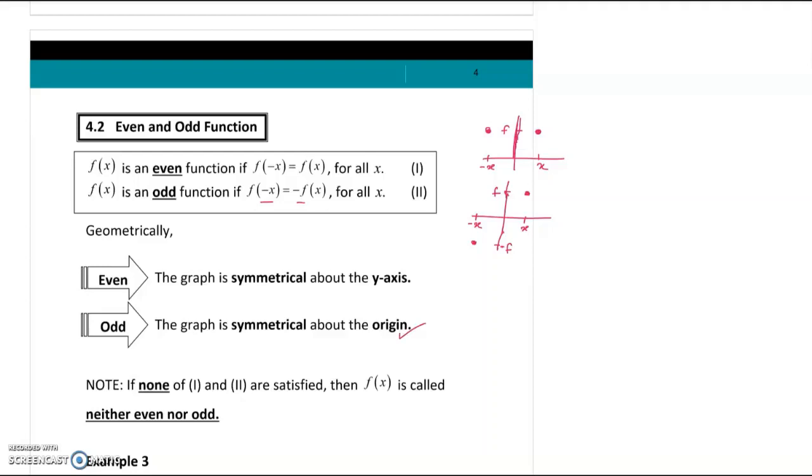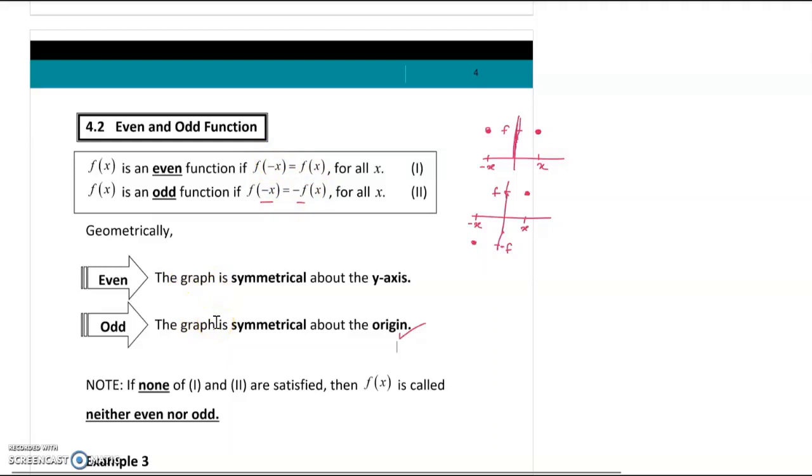So the conclusion: you can prove whether the given function is even or odd based on two approaches. You can use the mathematical rule here, or you can look at the diagram.